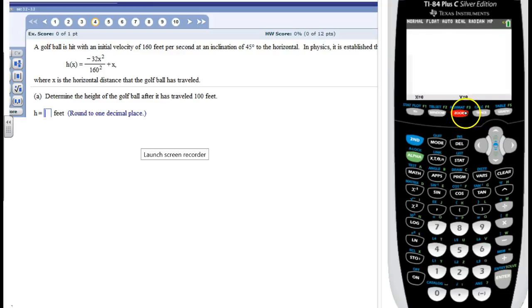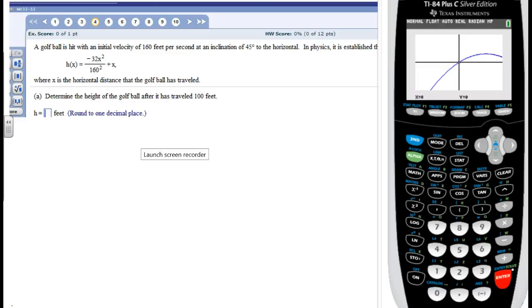And I see a little bit of arc, but still can't really see the function real well. So again, I'm going to hit zoom 3 enter, and I'll continue zooming out until I can see the arc or a downward facing parabola.